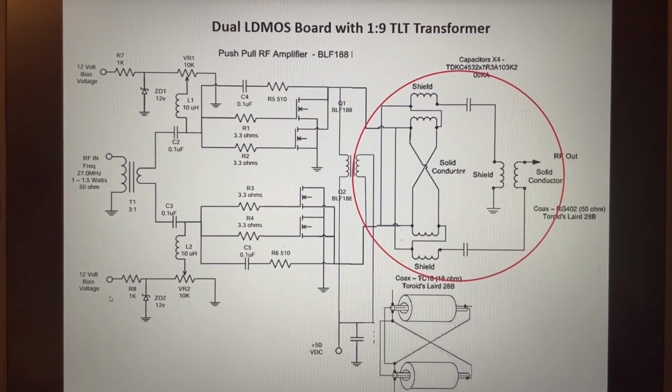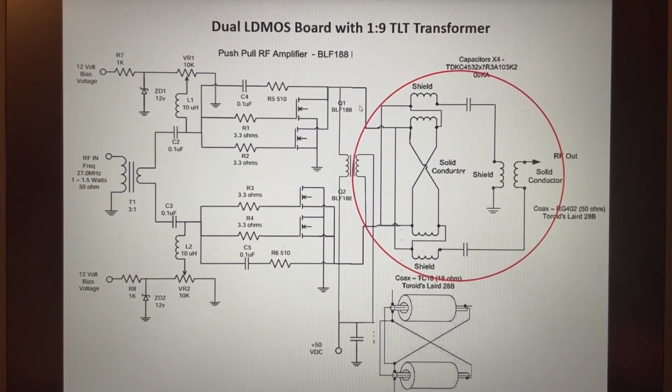So here's a schematic of my dual LDMOS board, and it's 1 to 9. So remember what we're doing here. We've got low impedance of our LDMOS transistors, and we have the high impedance of our load, which happens to be 50 ohms for an RF system.